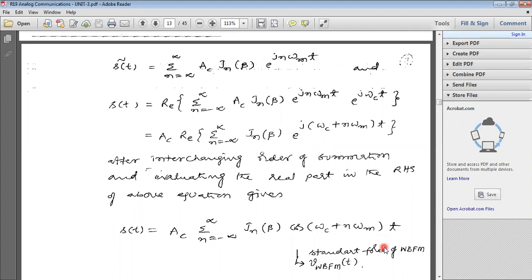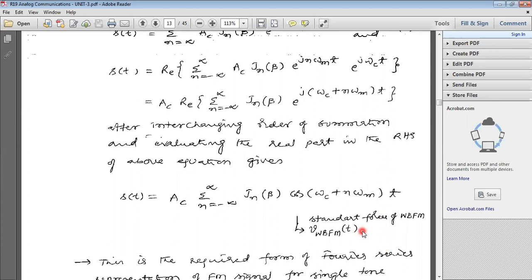So it is the standard form of the wideband frequency modulation expression. The above signal is a wideband frequency modulation signal, and we represent it with the suffix WBFM, V suffix WBFM of t, the wideband signal.